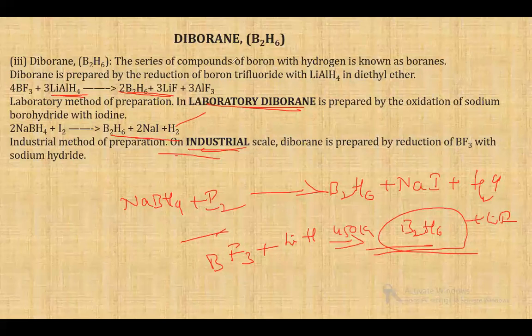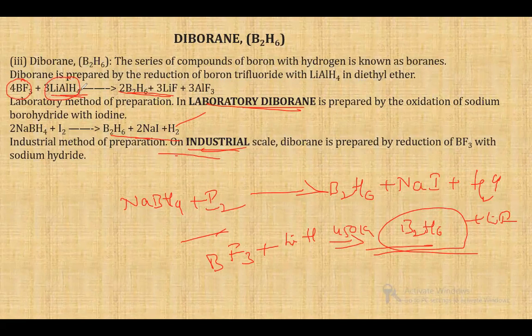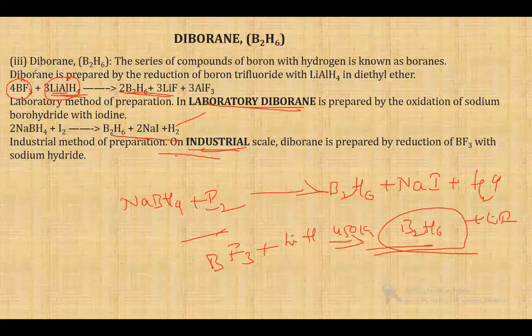This equation shows how diborane is prepared: boron trifluoride treated with one of the powerful reducing agents, lithium aluminium hydride. Lithium combines with fluoride to form lithium fluoride, boron combines to form B2H6 or diborane, and aluminium combines with fluoride to form aluminium fluoride, AlF3. That is the laboratory method.